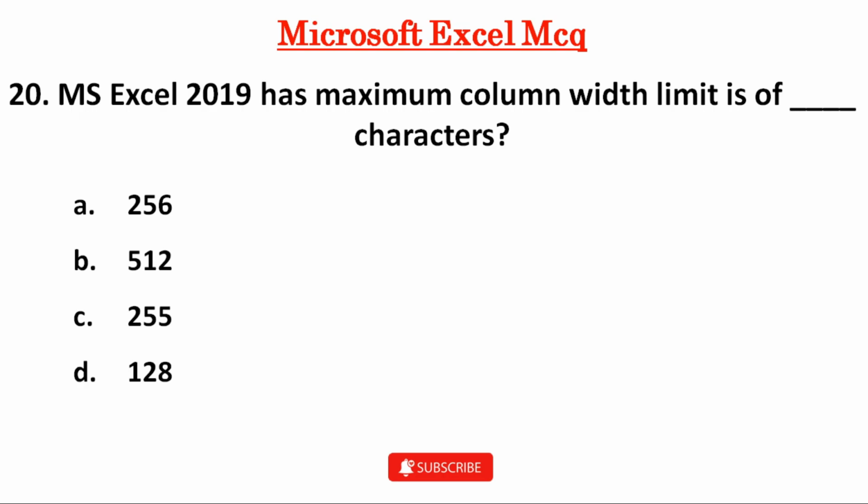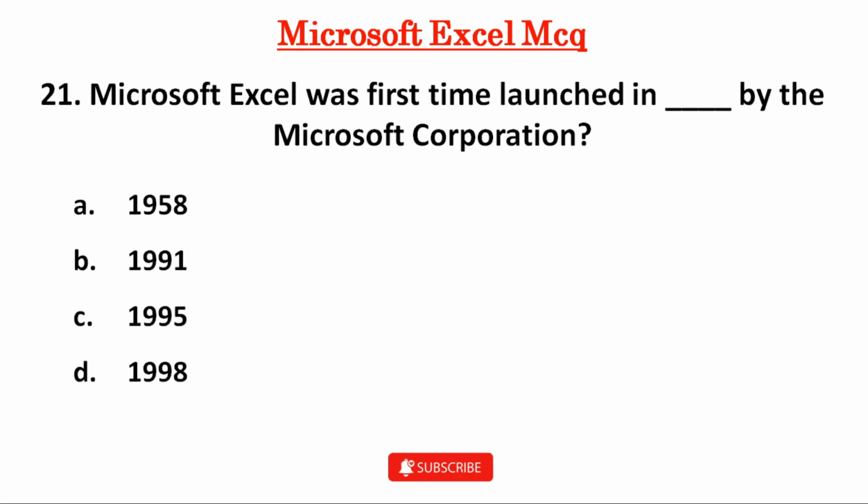Next, MS Excel 2019 has a maximum column width limit of dash characters. Right answer is 255. Next, Microsoft Excel was first launched in dash by the Microsoft Corporation. Right answer is 1985.